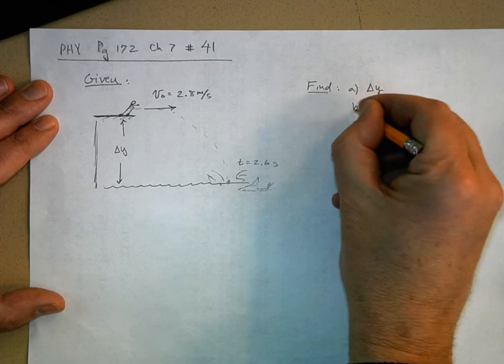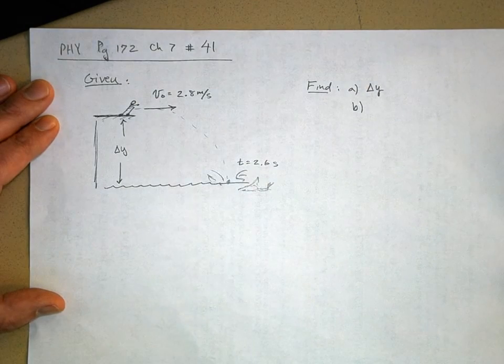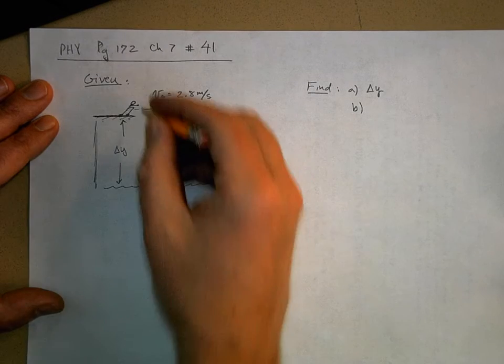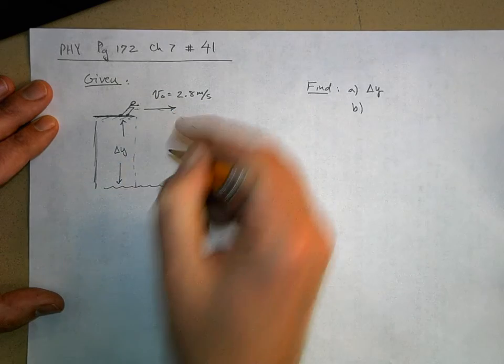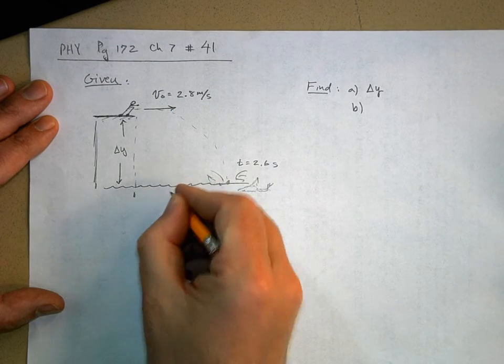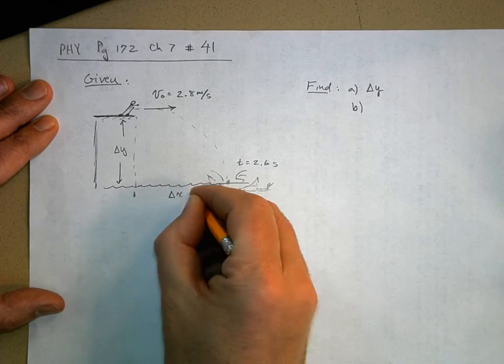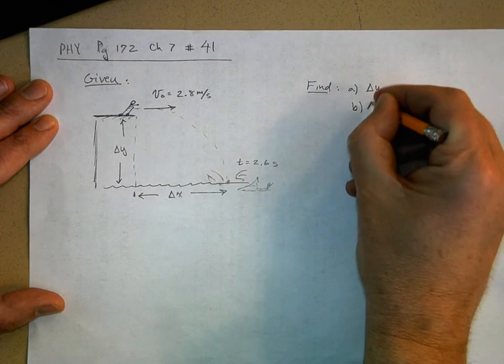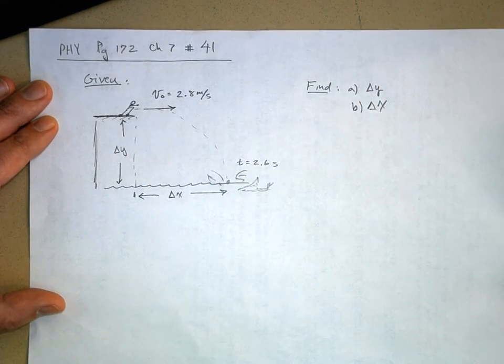And then for part B, it says, how far from the edge of the platform did you hit the water? Now I'm just going to assume that they mean the horizontal distance from the edge. From right here, we're going to call that delta x. So we want to find delta x.